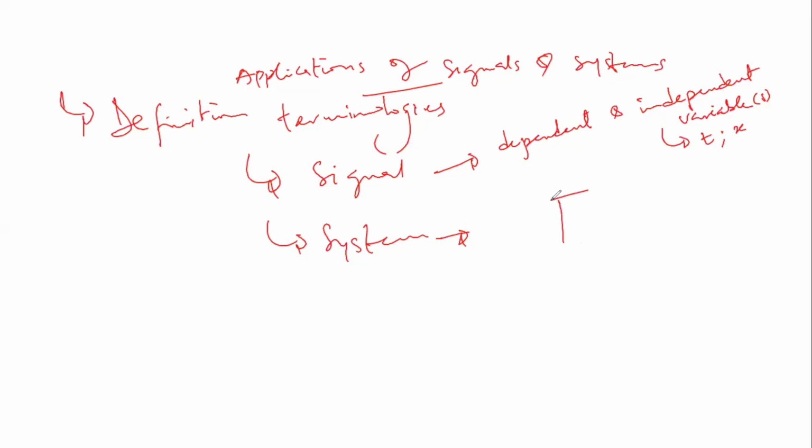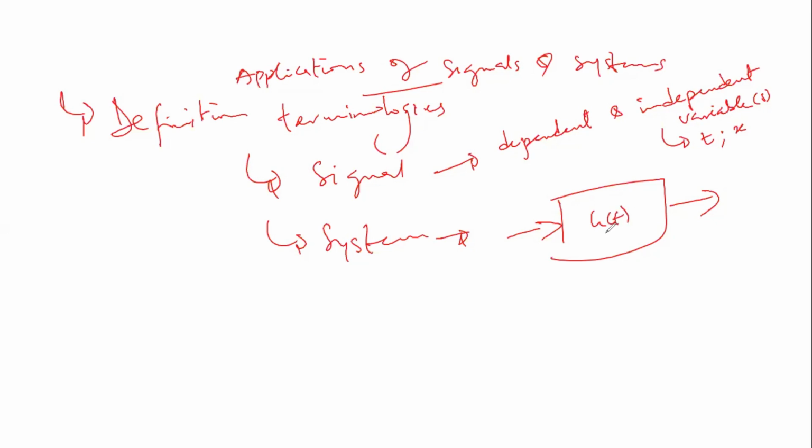So it's more like some box. It could be a white box, not necessarily a black box. And then we said this system is usually characterized by some parameter, which we want to call the impulse response of that system.